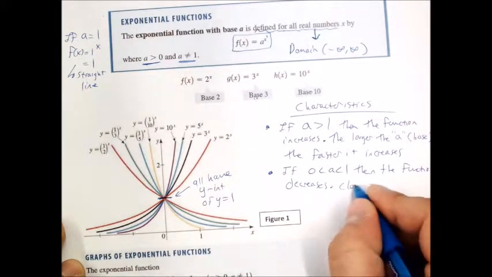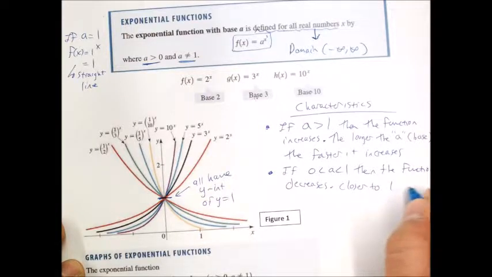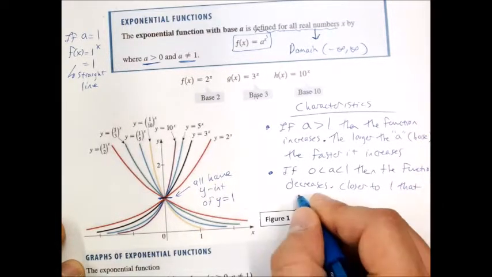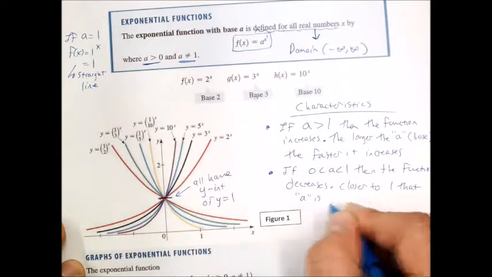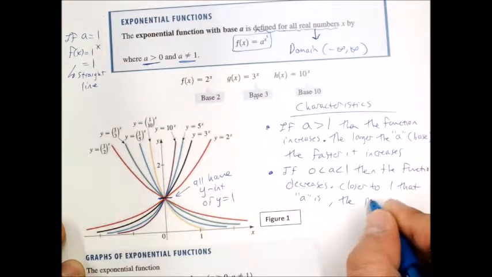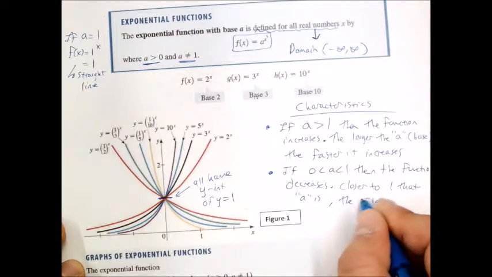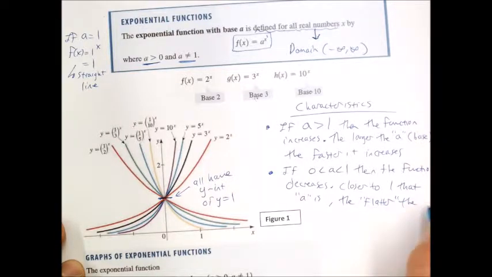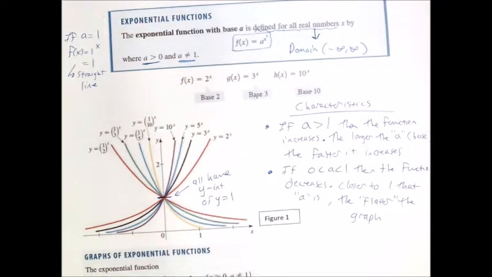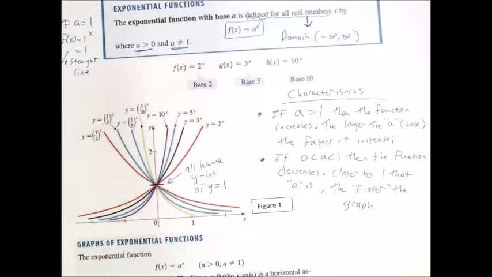The closer to 1 that A is, the flatter the graph is, or less steep, you could say.